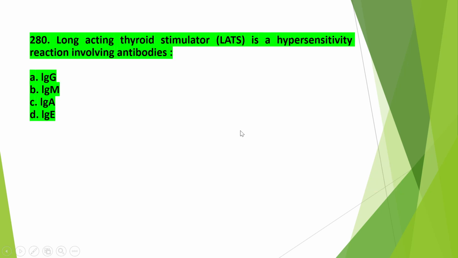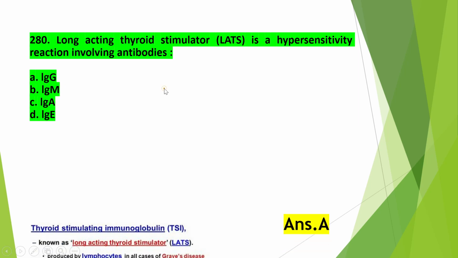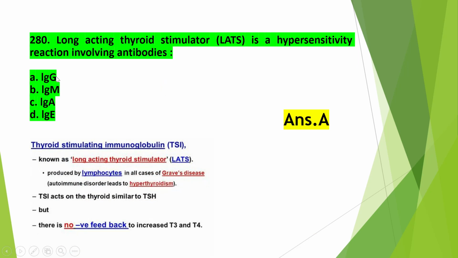Next one: long acting thyroid stimulator, that is LATS, is a hypersensitivity reaction involving antibodies, that is IgG, IgM, IgA or IgE, and the right one is option A, that is IgG antibody, which is involved with the hypersensitivity reaction known as long acting thyroid stimulator or LATS.